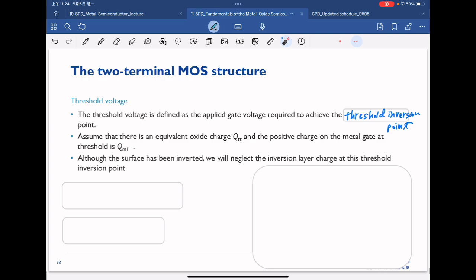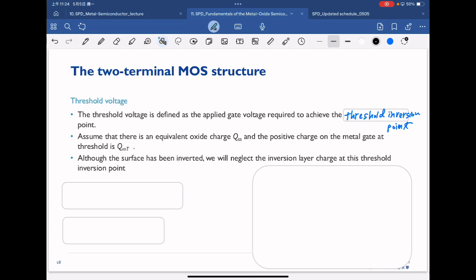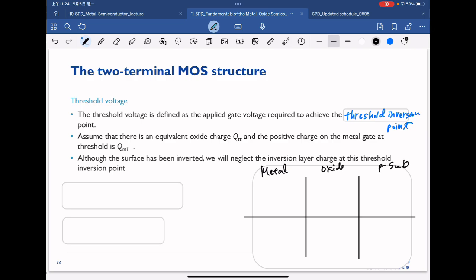So assume there's an equilibrium oxide charge Q_SS and also the positive charge on the metal gate at the threshold voltage, which is Q_M prime T. So therefore the charge distributions between the metal, oxide and P substrate, this is a metal oxide P substrate here.